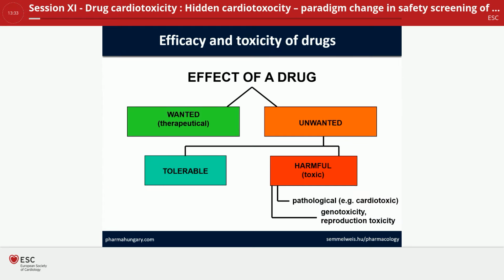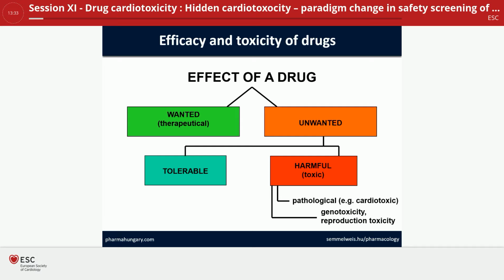So what is toxicity? Every drug has an effect and has some side effects. Unfortunately, none of the drugs can escape from some side effects. So we have the wanted therapeutic effect and we have unwanted effects. We are very lucky if the unwanted effect is tolerable or maybe even beneficial.